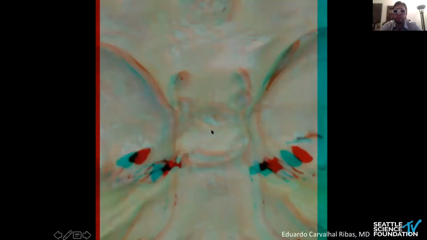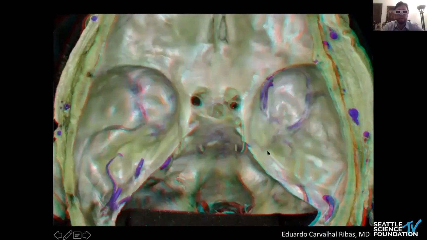So here we can see at the center, the sella turcica, and lateral to the sella turcica, on each side, we have the parasellar space where we will find the cavernous sinus. Here we have the foramen lacerum. Here is where the petrous carotid will bend itself to turn into the cavernous carotid, here located one on each side of the sella turcica.